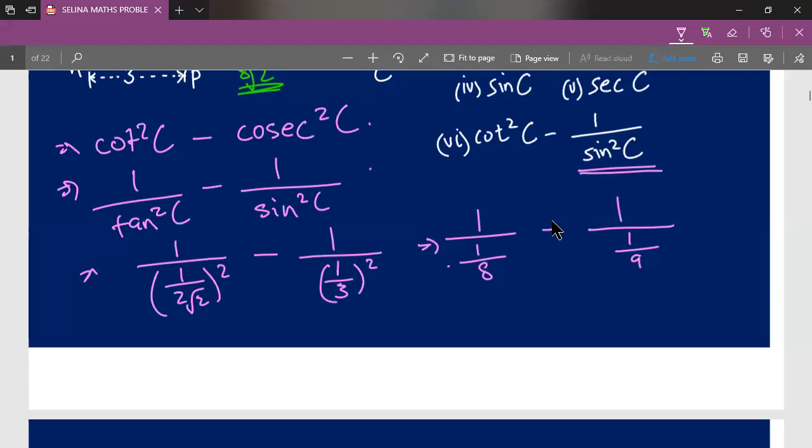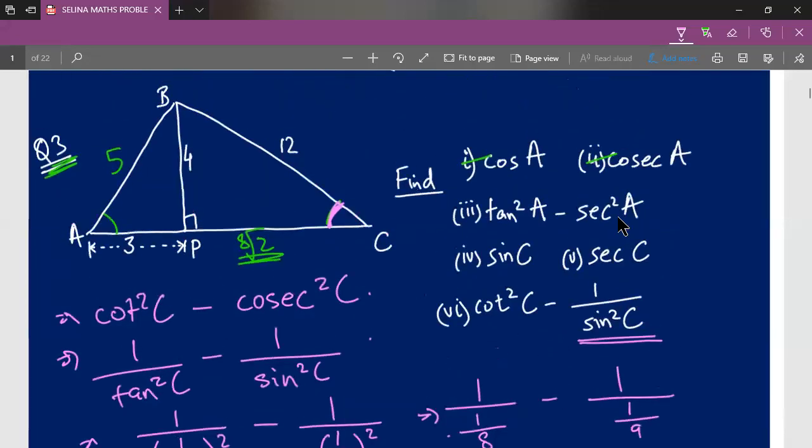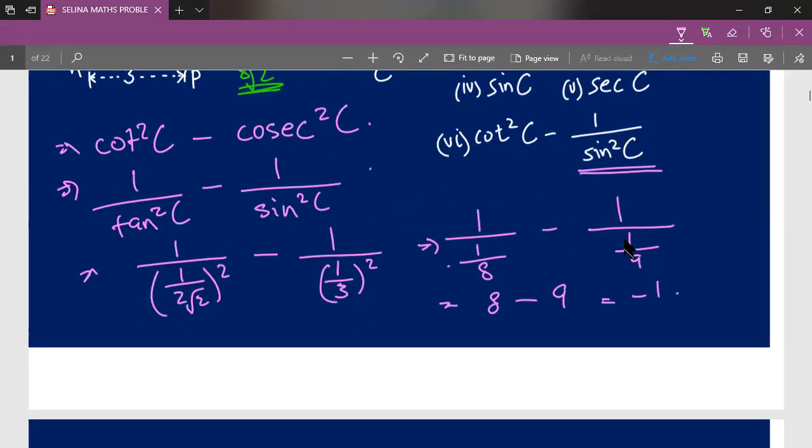I know this sounds a mouthful. Just go through the video again, go more slowly, and you'll understand the logic. So 1 upon 8 can also be written as 8, and 1 upon 9 as 9. So 8 minus 9 is equal to minus 1. So the answer to the sixth part of the third question will be minus 1.